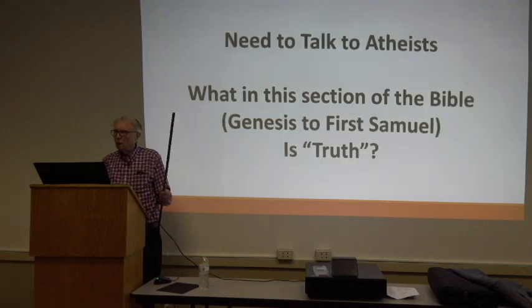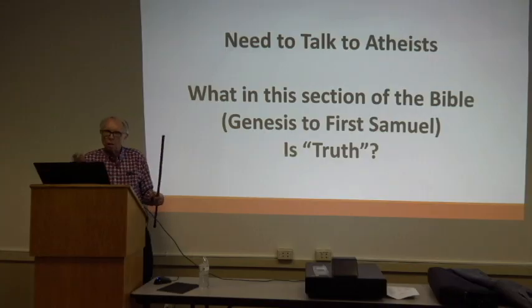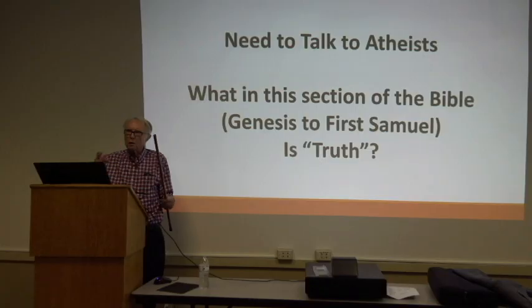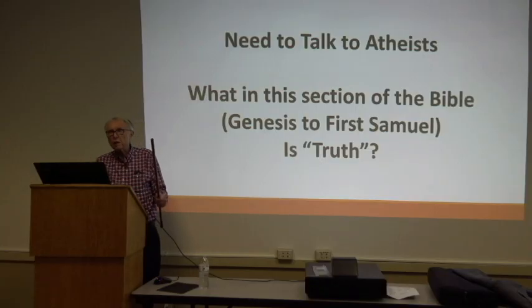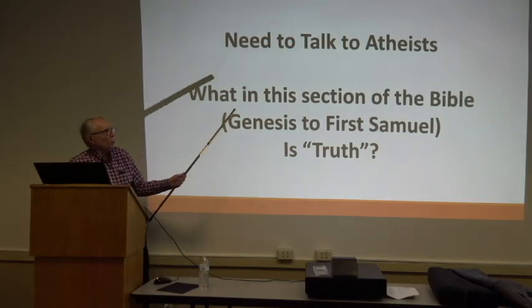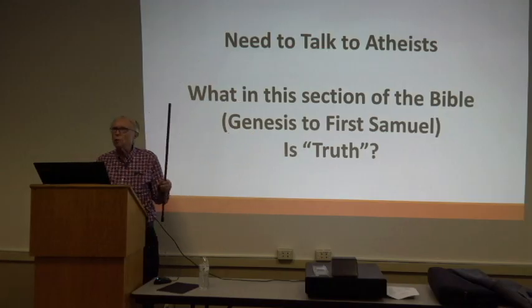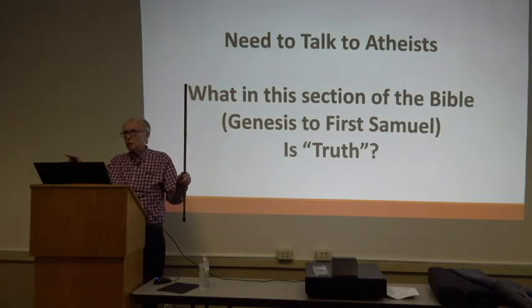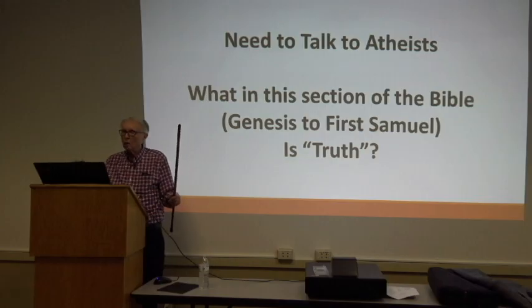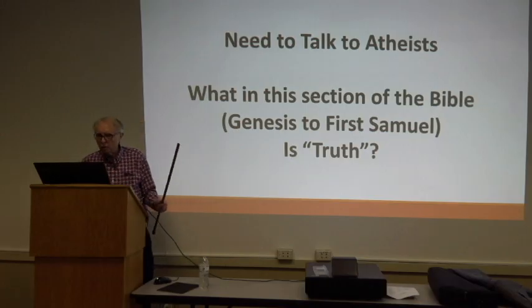And now, what we're doing now is, because I call this the entire Bible for everybody from atheists to Christian believers, we're trying to figure out what in this first section of the Bible, Genesis to 1 Samuel, is truth. That's what we're looking at. If you don't care for the science, just ignore it.